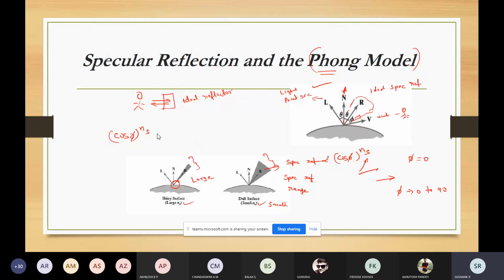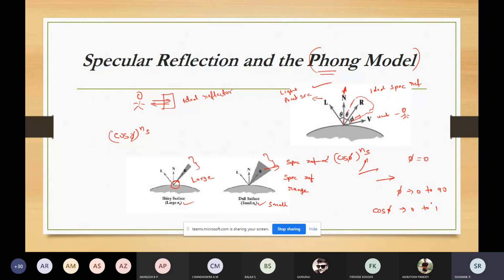Phi can range from 0 to 90 degrees, so cos phi will be from 0 to 1. Cos 0 is 1 and cos 90 is 0.